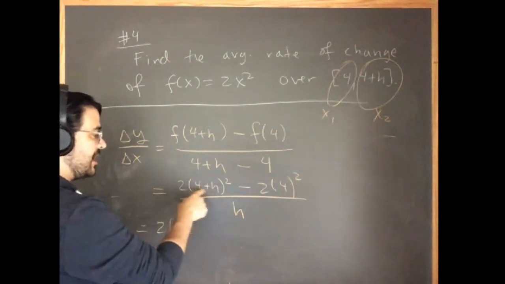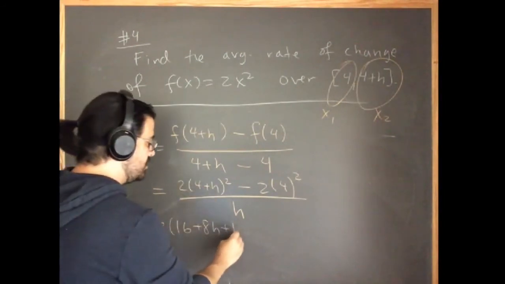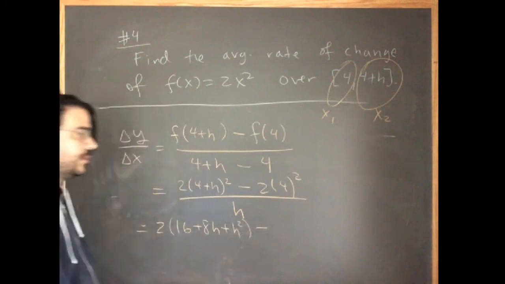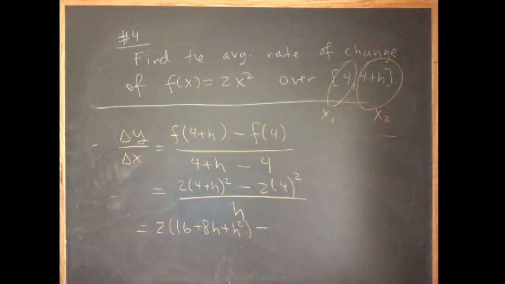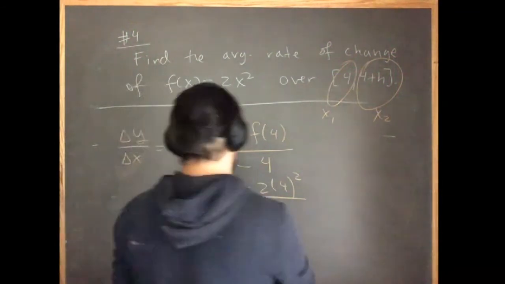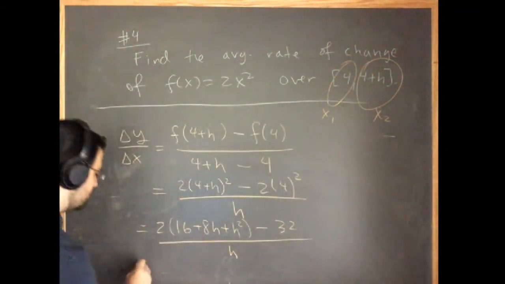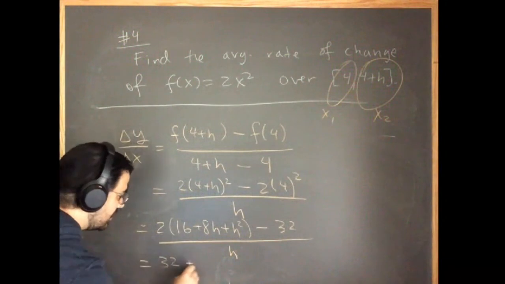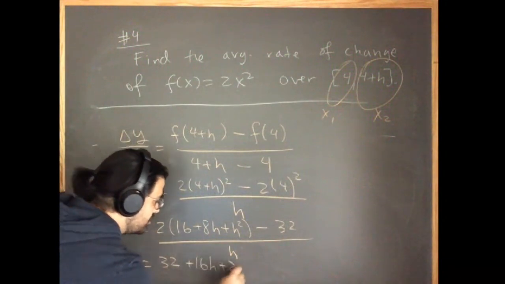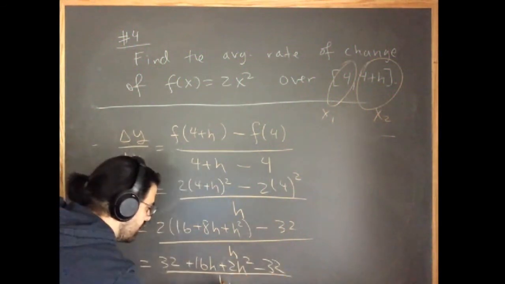And then 4h plus 4h, so 8h. And then h times h, so h squared. And then what's the 2 times 4 squared? What do we get for this one? Okay, 32. All of it divided by h. Now we can distribute the 2. So we get 32 plus 16h plus 2h squared minus 32, all divided by h.